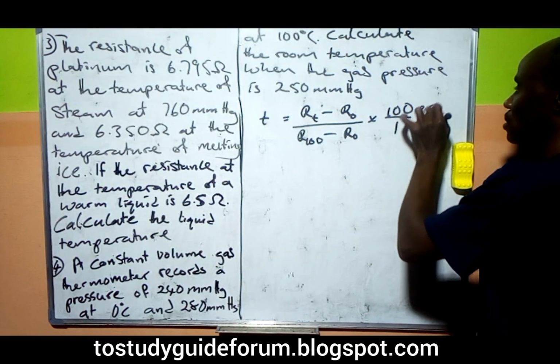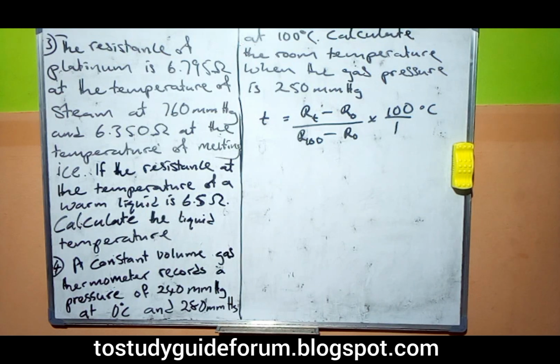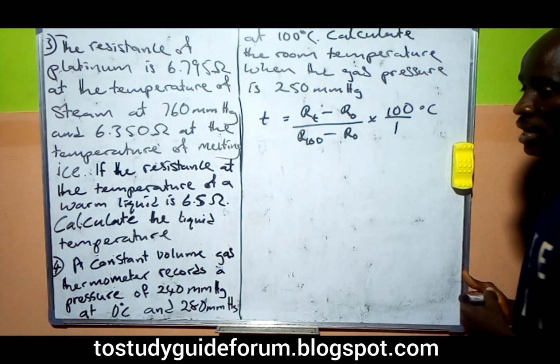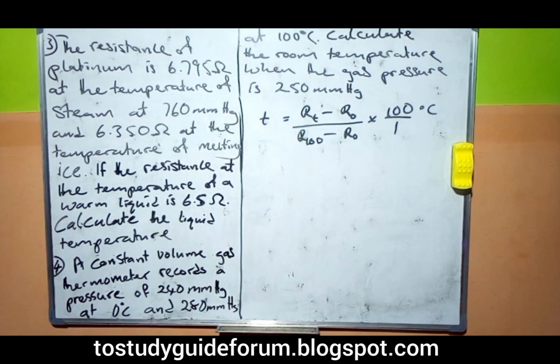That is to give us degrees, 100 degrees over 1. So this formula or the relation is what we are going to use in solving this problem. That's what we're going to do.